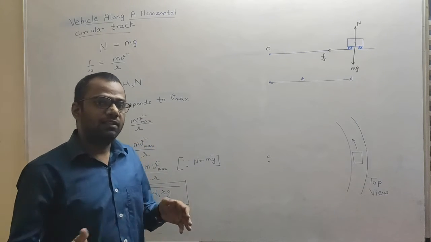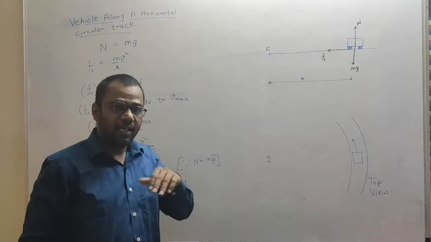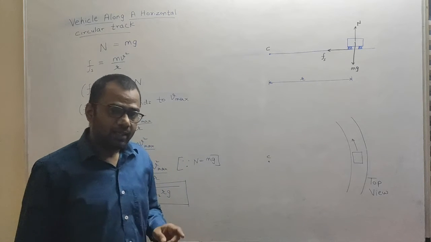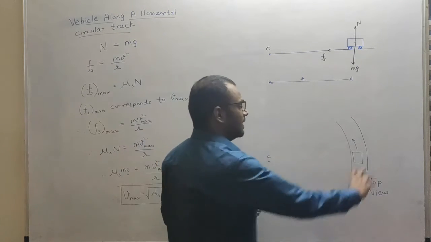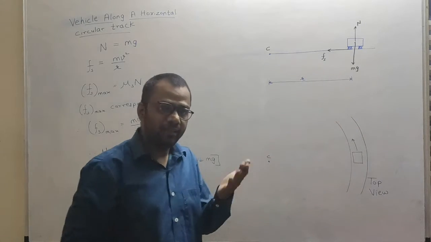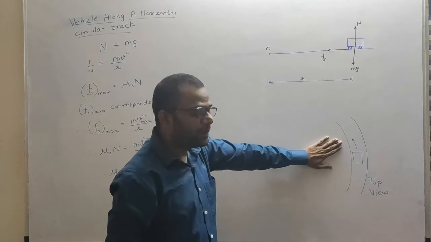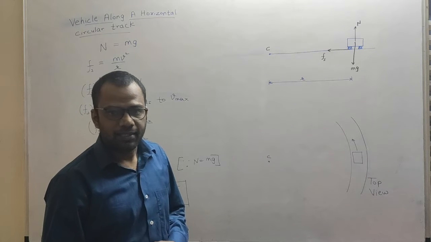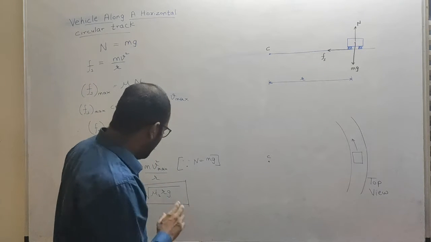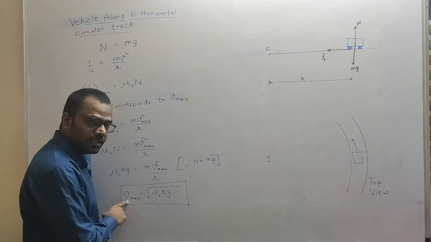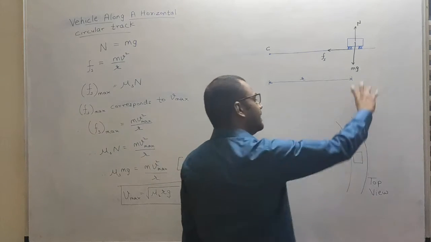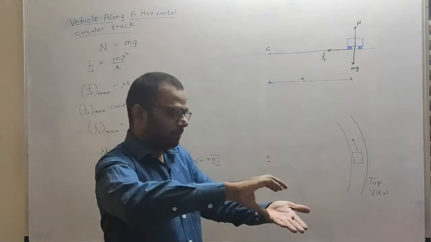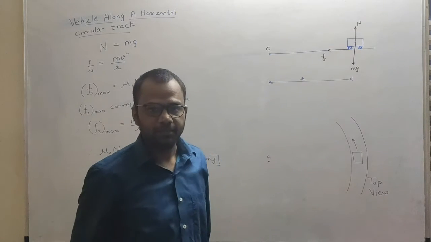But what if the vehicle is moving with 110 kilometers per hour? Then the vehicle will skid away, because then the frictional force won't be enough to provide the centripetal force. So if I go beyond this V max, the vehicle will skid. It won't move along that circular track.